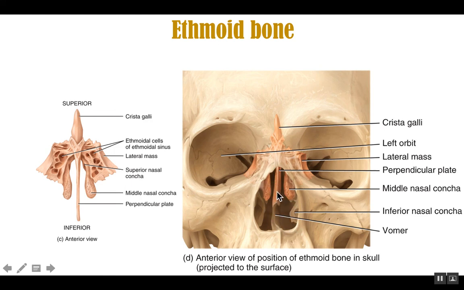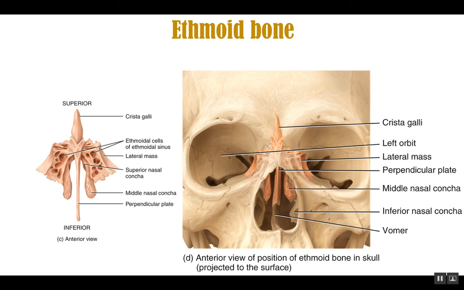That nasal septum has bone as well as cartilage components. The superior bony portion is called the perpendicular plate. The inferior bony section is a bone called the vomer, which is technically a facial bone. So we will revisit that when we get to facial bones.